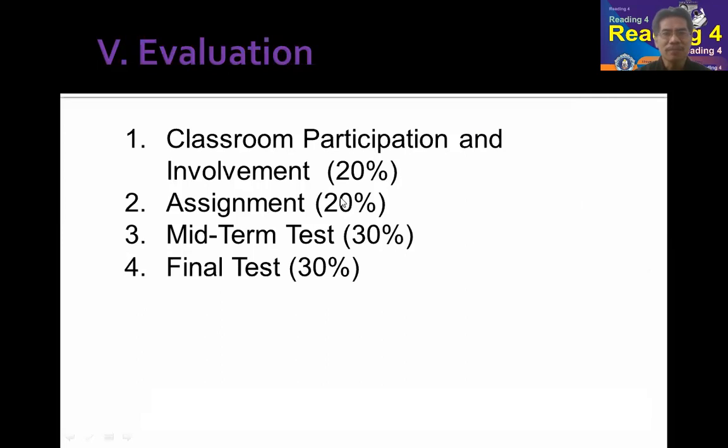Classroom participation and involvement. Of course, when you are having discussion, when you are joining my class like this one, for example online, either synchronous or asynchronous, you've got to have classroom participation and involvement. That's about 20%. And assignment 20%, midterm 30, final test 30%.